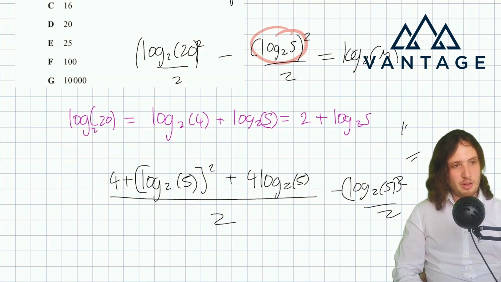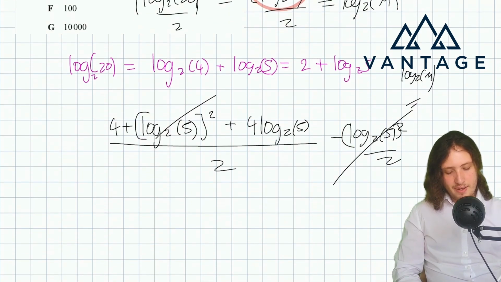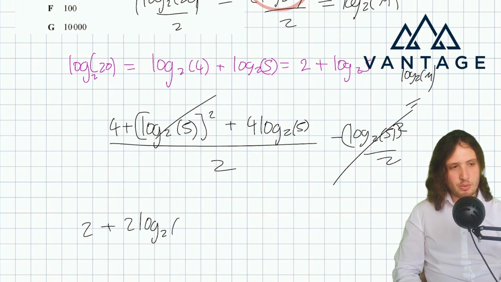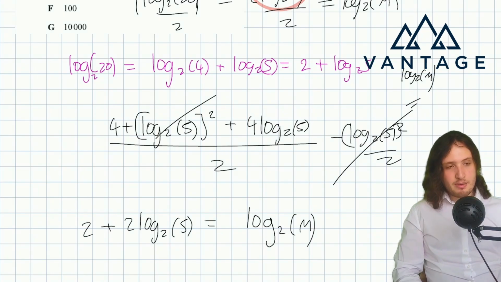That's the stuff that we know is equal to log base 2 of m. But then this cancels this, and what we're actually left with is 2 plus 2 log base 2 of 5 is equal to log base 2 of m. So I've done the division through by 2 there. So this is pretty good.